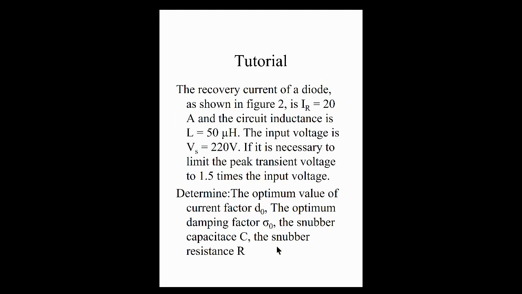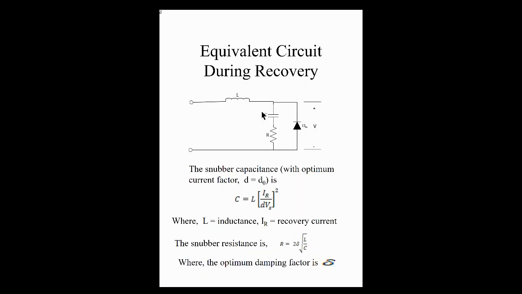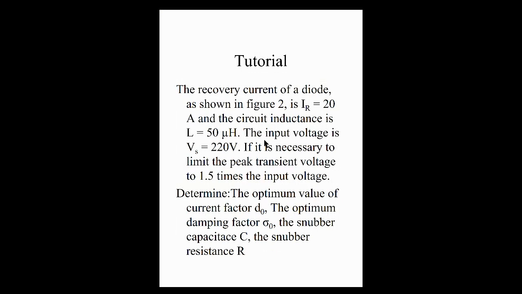All right, so here's a question. The recovery current of a diode as shown in figure 2. This is the figure that we're talking about. Right, is IR equal 20 amperes, and the circuit inductance is L equal 50 microhenry.